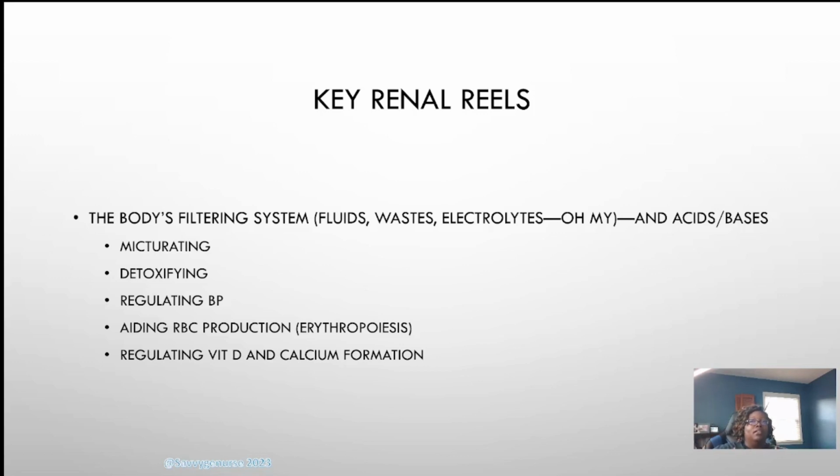What would this look like if the person had a lot of toxins? What would this look like if there was an alteration in RBC production? What is the benefit of regulating vitamin D and calcium formation? And any irregularities, how does that impact my patient? Those are the questions you need to be asking yourself and finding that in your book.